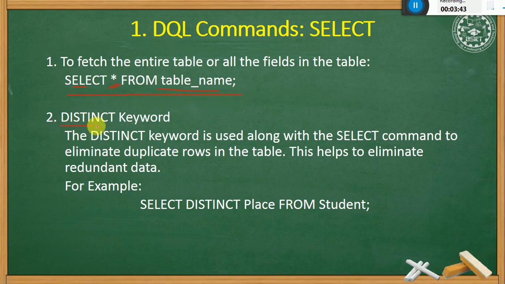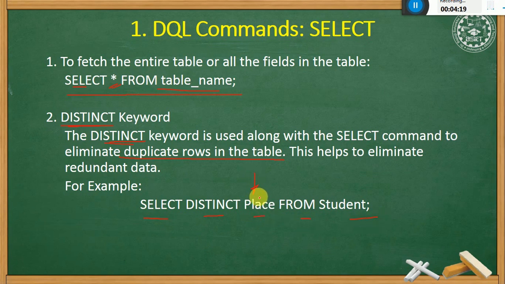Then we can use the distinct keyword in the select. The distinct keyword is used to select the unique records from the table. So using the distinct keyword, the result set avoids duplicate entries of records. To eliminate duplicate entries from the result set we use distinct. Example: select distinct place from student.